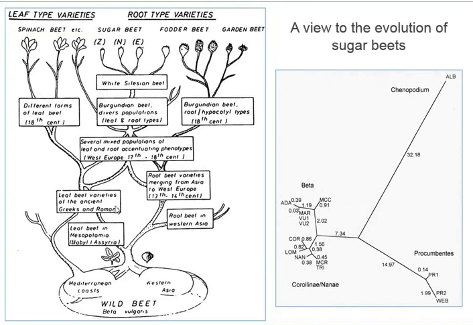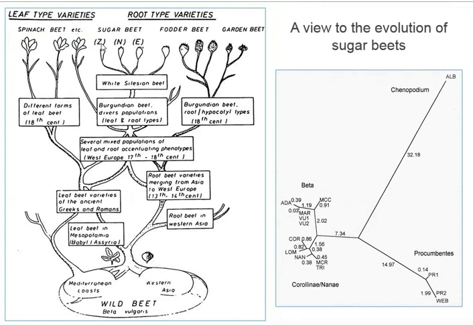But you can follow this through at your leisure at some time, where we have diversification and also reticulation of the various types, that ultimately result in sugar beet, and we have various flavors of sugar beet.